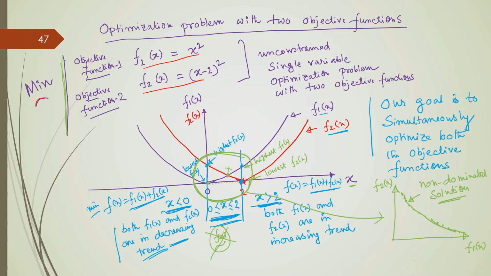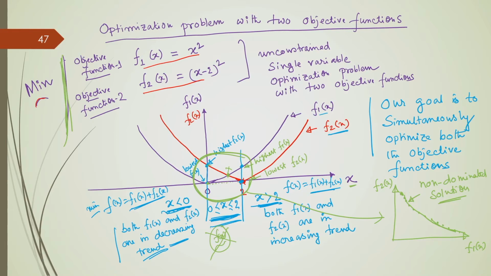Now, one needs to understand that this will work when we have two objective functions and both the objective functions conflict with each other, meaning that when you are getting the best solution in view of one objective function, you are getting the worst solution in view of the other. So, this is probably the best solution in view of f 1 x, but the worst solution in view of f 2 x, because it has the highest value, and vice versa.